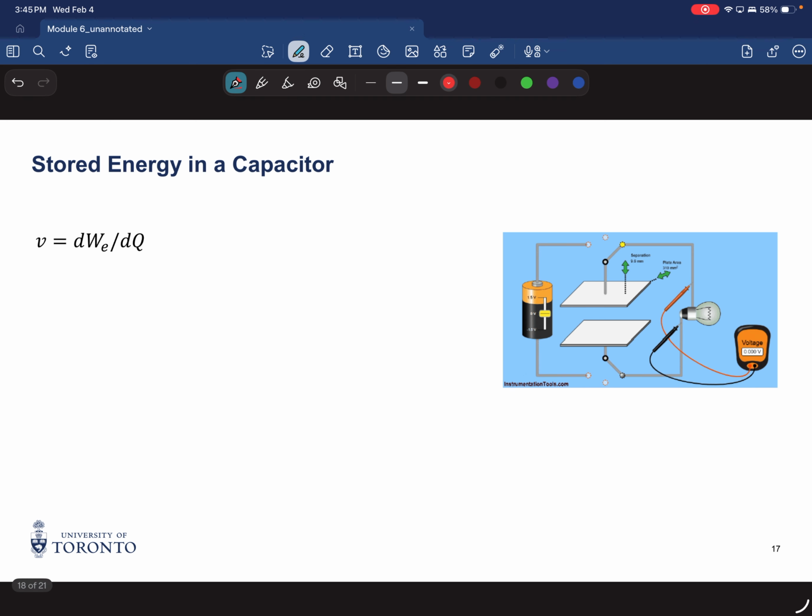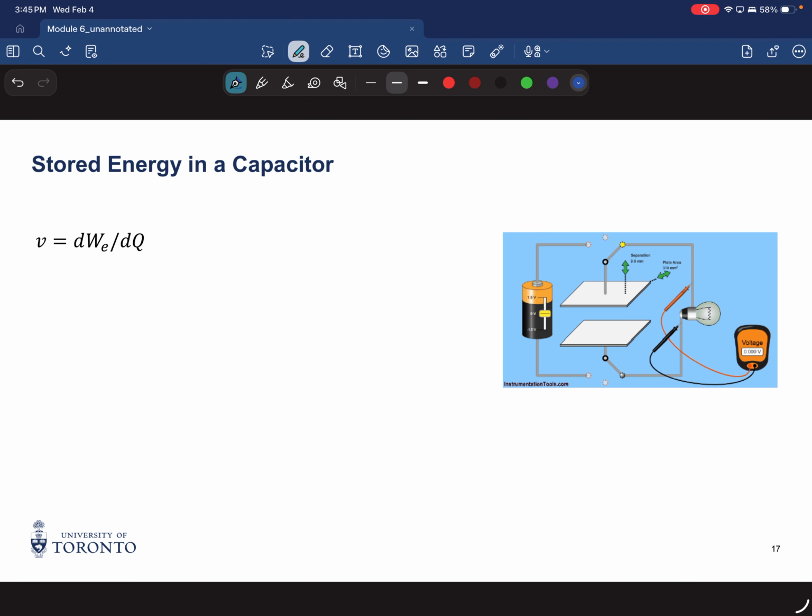But anyway, now let's talk about electrostatic energy. From the beginning we said capacitance helps us store energy. Now it's time to say how much that energy is. Voltage, as we defined before, is the amount of work we would do per unit charge, per coulomb.